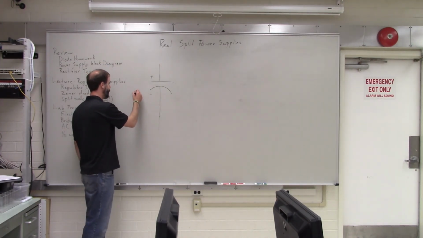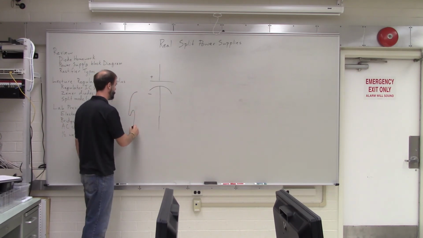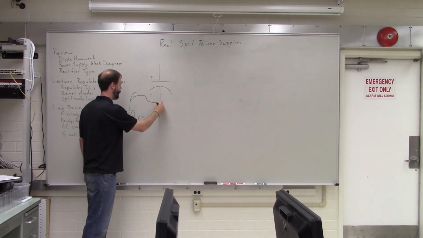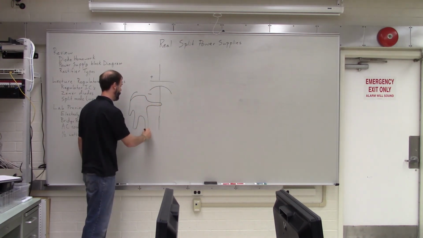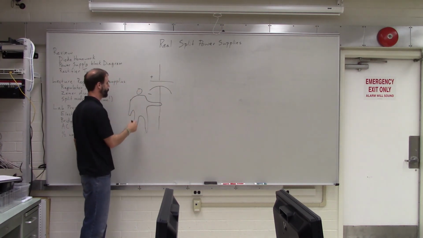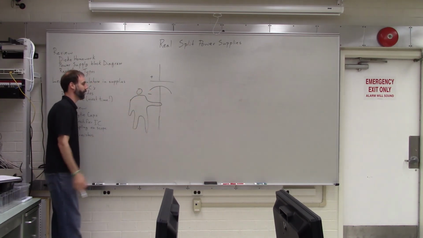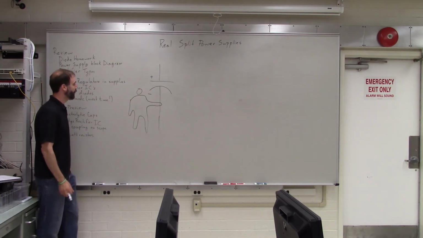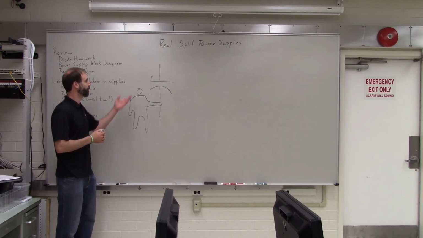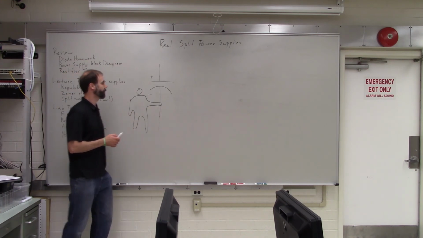So I think about the little guy here with his hand, and he's over here and holding up the spear with the pizzas on it. And it's floppy, exactly. So the floppy pizza goes towards the ground. So that's what's going on with electrolytic capacitors.